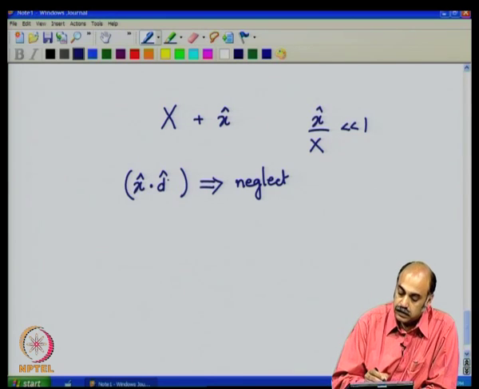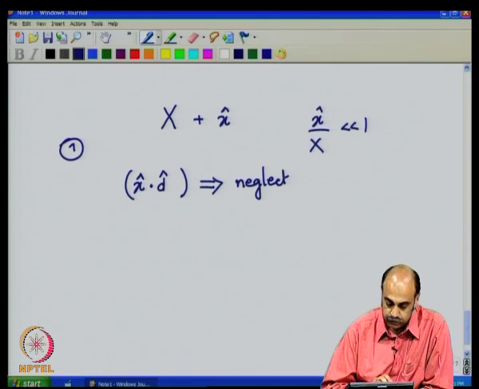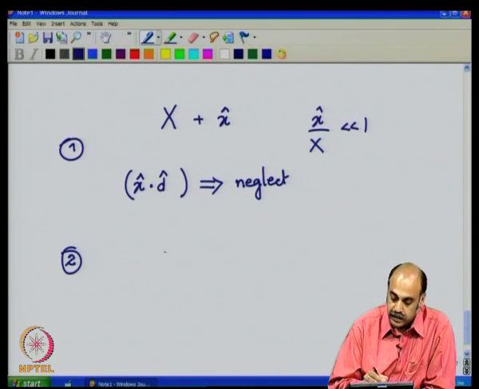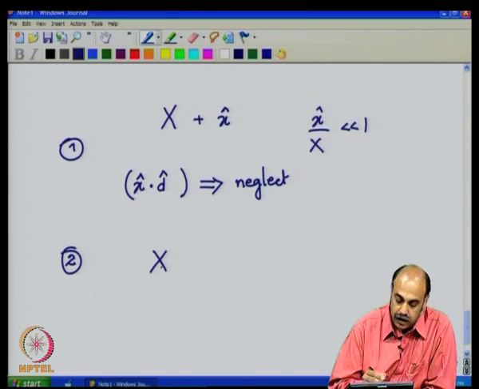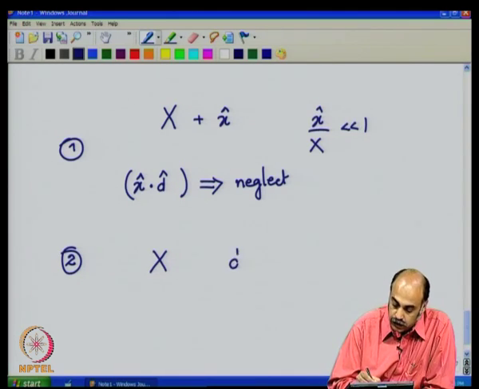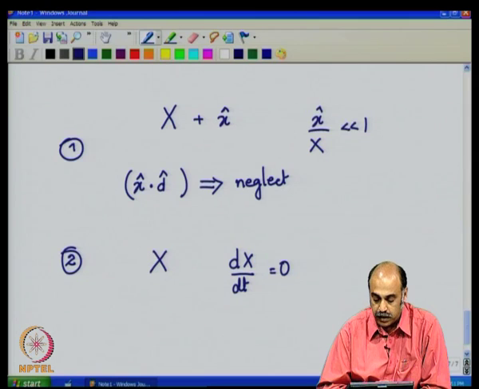And this is the first assumption. In the second, the steady state or equilibrium part is reasonably steady, and therefore dx by dt is equal to 0 for the steady state part.